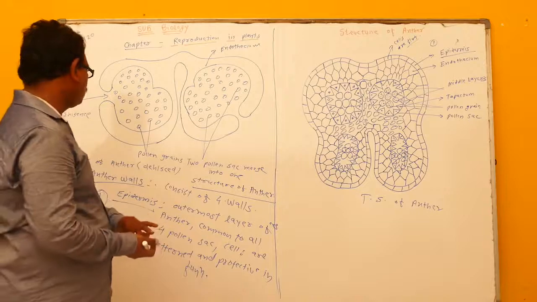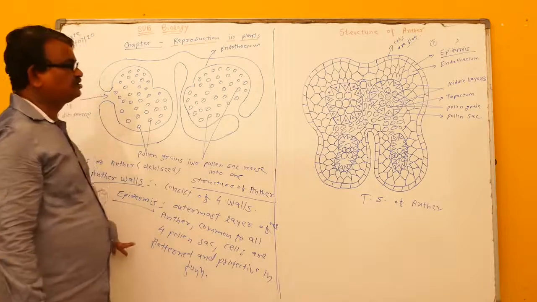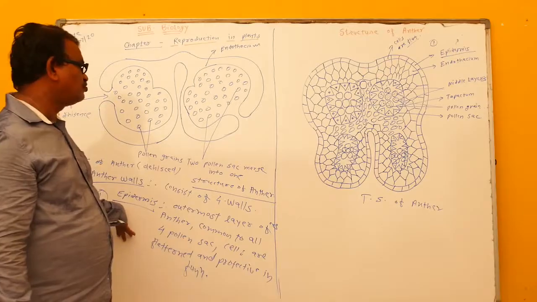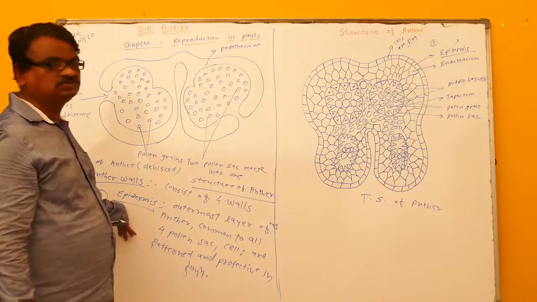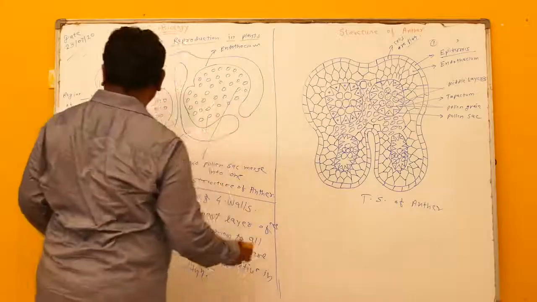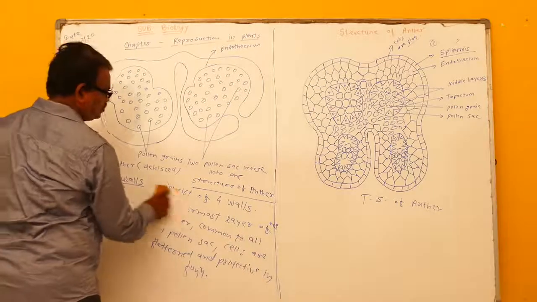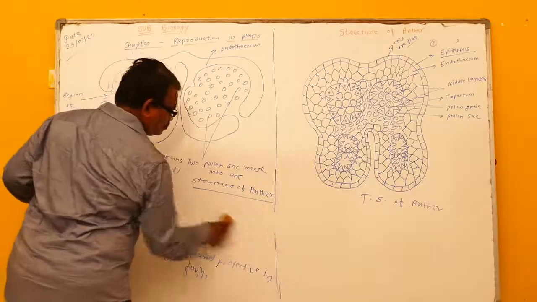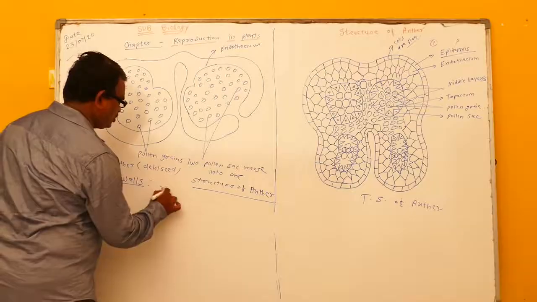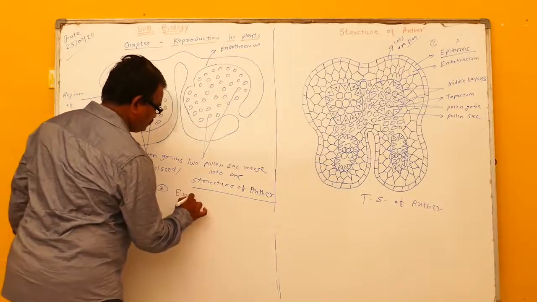So this is the first wall, the outermost wall of the anther. Now the second layer is the endothecium.